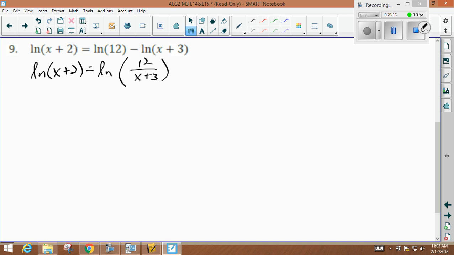If you got a log on both sides, with the same base, it turns out that we can just drop these logarithms away and just solve for this, same way that we did with our exponential equations. I want to know what value of x makes the insides of these the same. If the insides are the same, then the equation is the same. So I'm just going to drop it out.